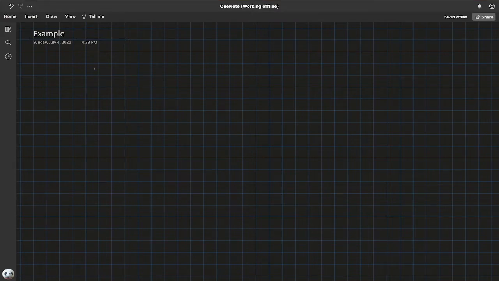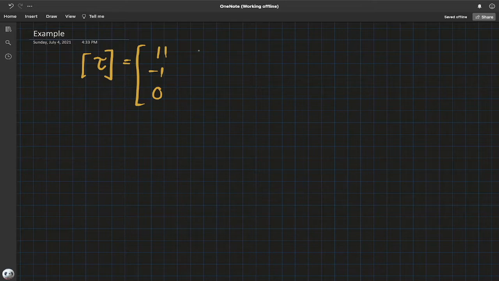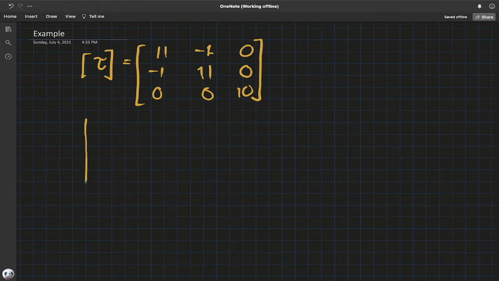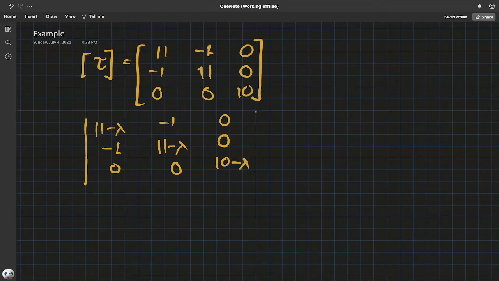Let me do one quick example before going on. Consider the stress tensor that will be given by 11, 1, negative 1, 0, negative 1, 11, 0, 0, 0, 10. Now according to our equation that we made, we want the determinant of this guy to be 0.